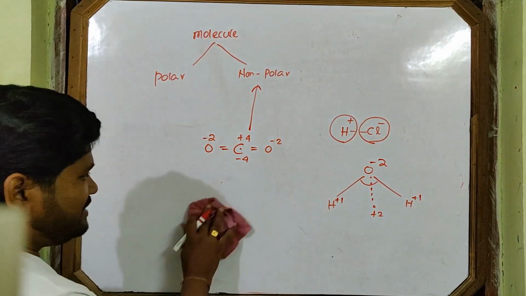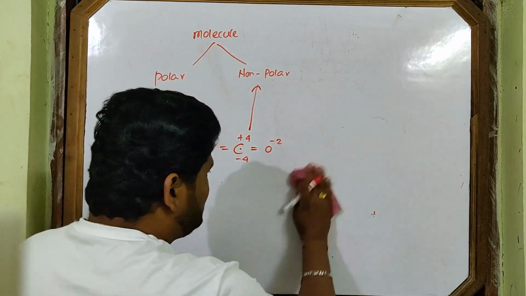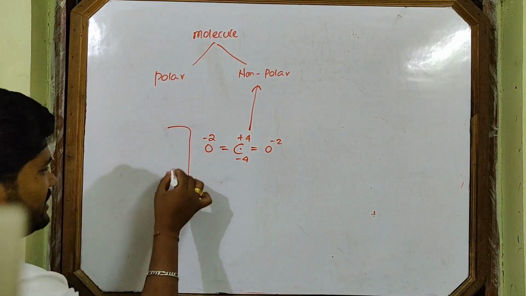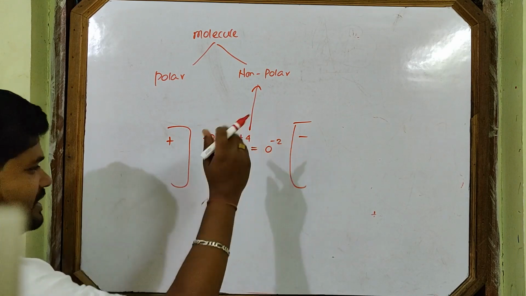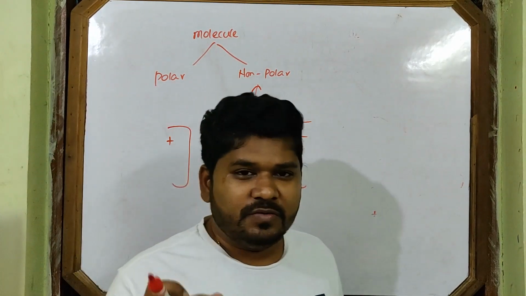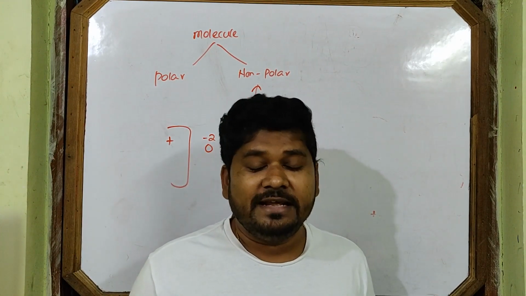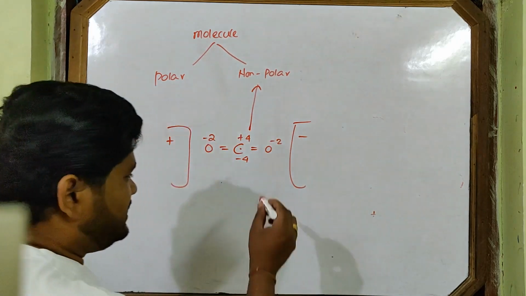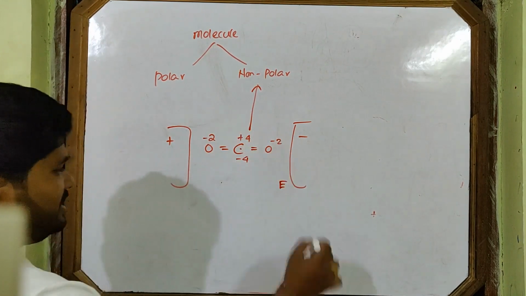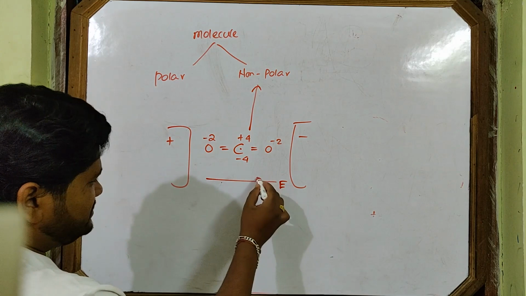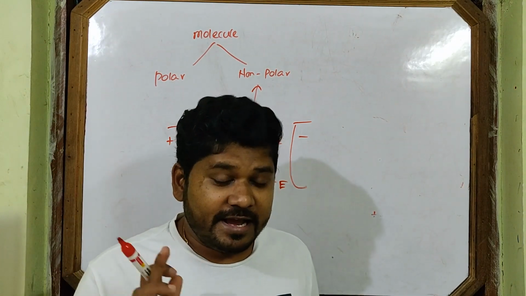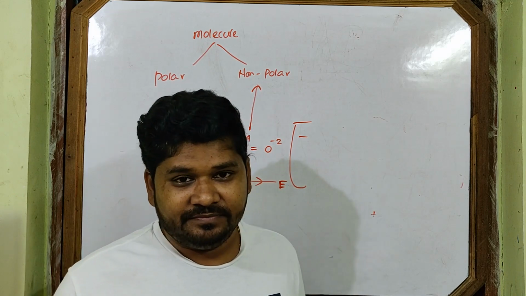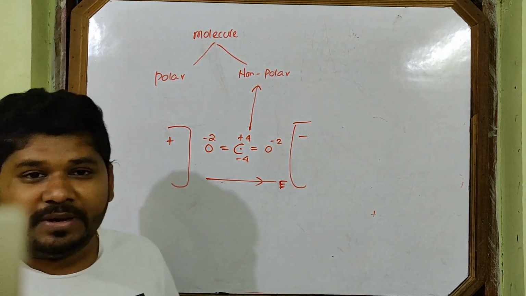Now you see, this is carbon dioxide. You apply a positive plate and a negative plate. You keep the molecule in an external electric field. Suppose the external electric field intensity is E in this direction.